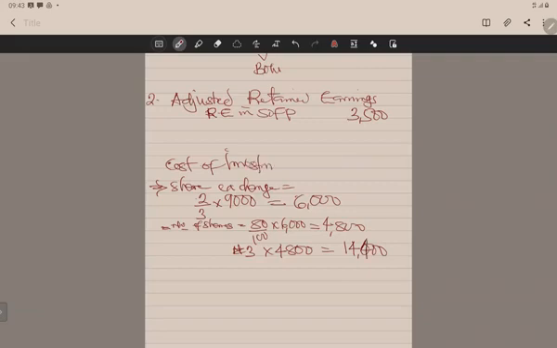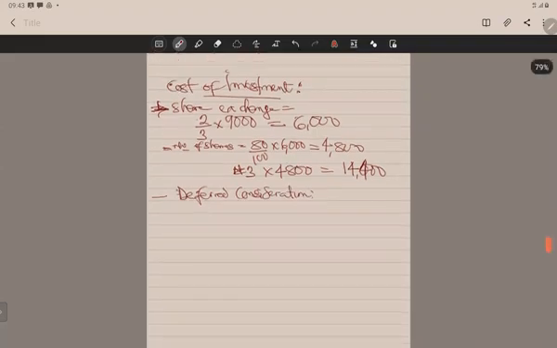What you are calculating is cost of investment. Cost of investment is in 2 forms. The first one is share exchange, which is 2 for 3, multiplied by this. Now, what is the cash consideration? What is the deferred consideration? For the deferred consideration, you will find the PV. The PV equals the future value times (1 plus r) raised to the power minus n. That is why they will give you the cost of capital.